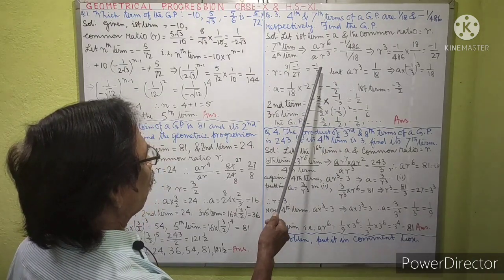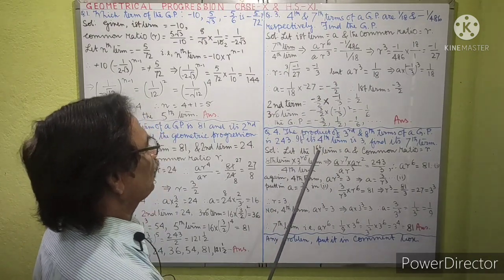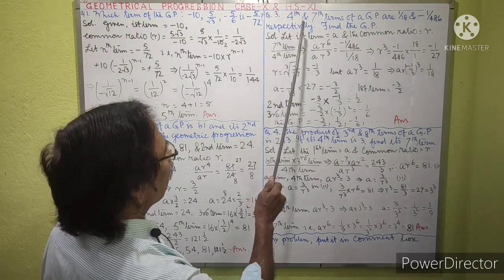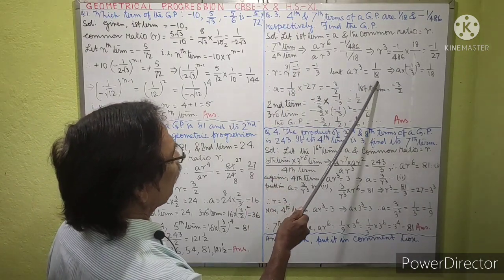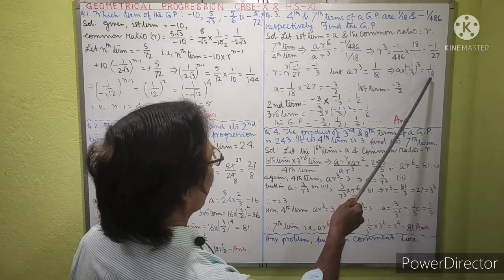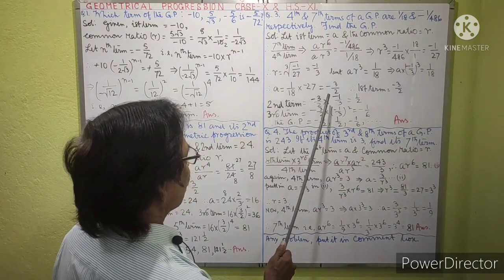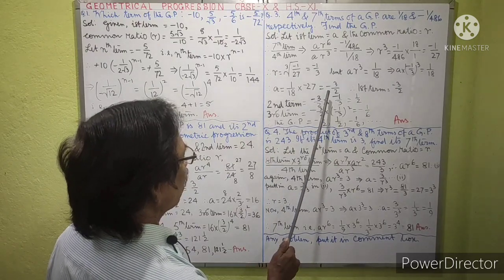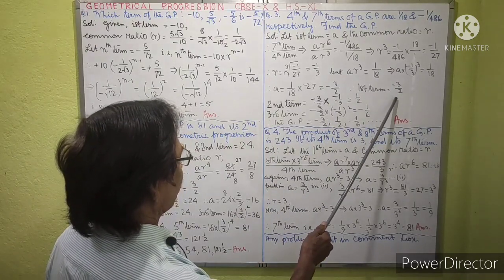Therefore R equals minus 1 by 3. But this is the fourth term, that is AR cube equal to 1 by 8, it is given. Therefore A into minus 1 by 3 cube equals 1 by 8. Therefore the first term of the GP equals minus 3 by 2.